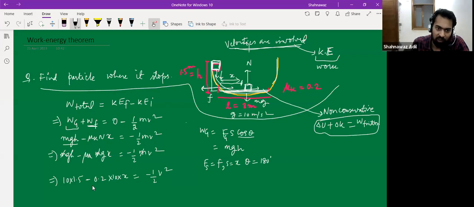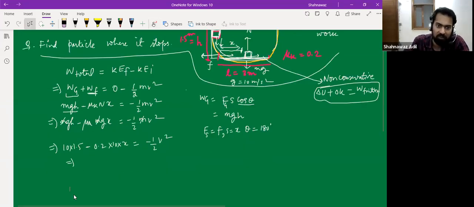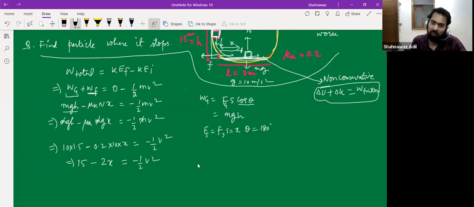So this is 15, and this is 0.2 into 10, so this is 2x, and this is minus half v square, right?